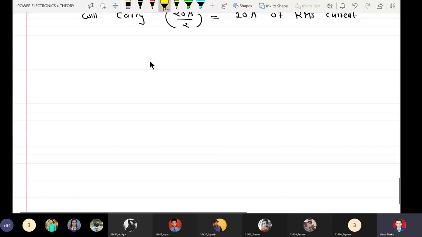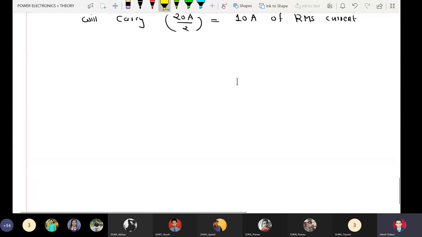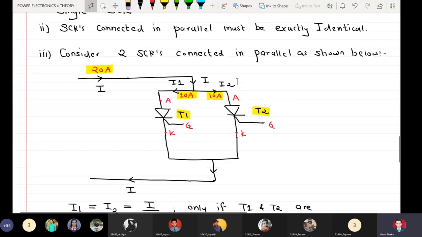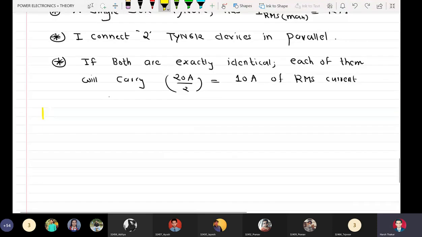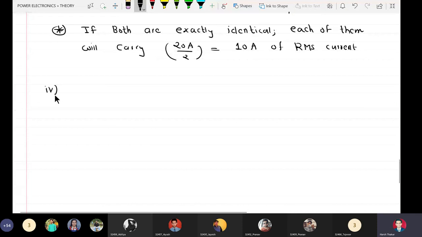So what are the different reasons because of which the current I1 will not be equal to I2 equal to 10 amperes? Rather than differences, we can say inequalities.